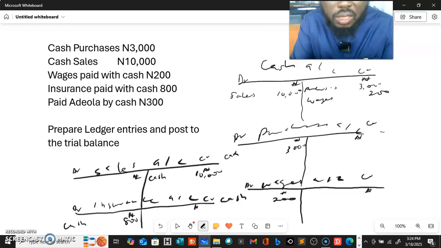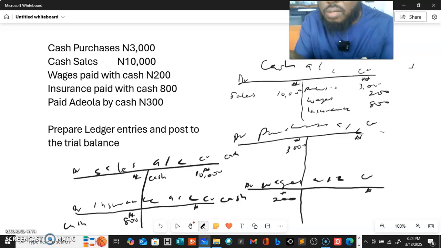Then we come down to cash again. We say insurance. We paid how much? We paid 800. Also, we have Adeola. We paid Adeola by cash, so we're going to prepare a personal account for Adeola. Adeola account.